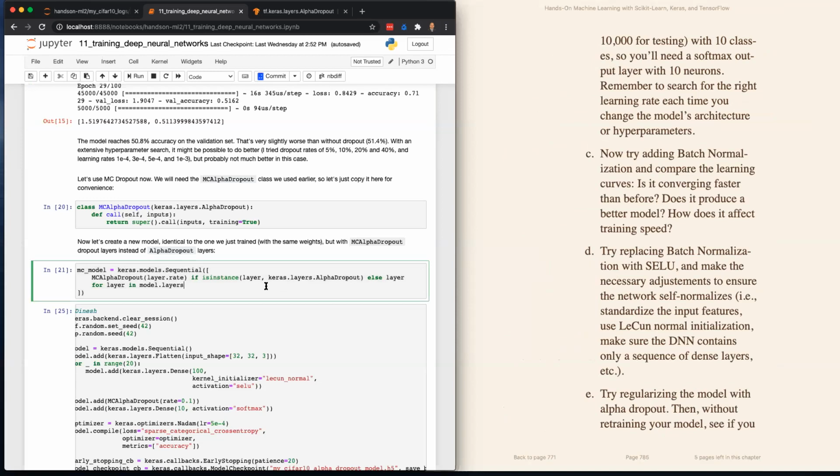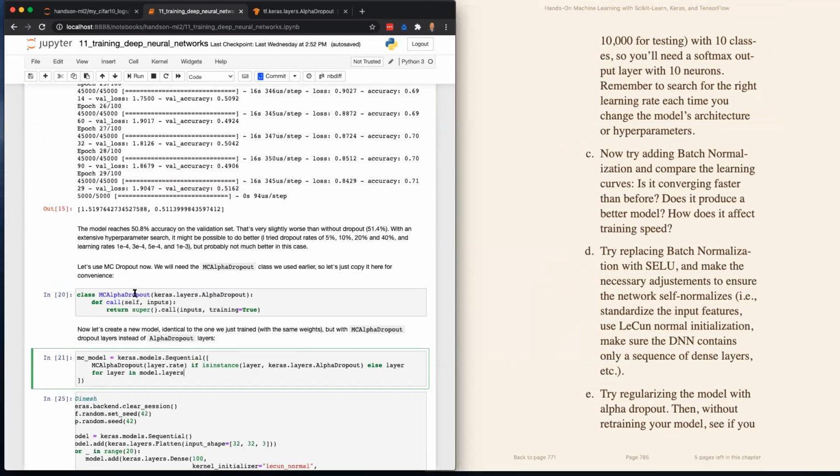What he has done here is the MC alpha dropout. As last week we were discussing, once you have done the dropout during training, generally you don't use dropout during inference.